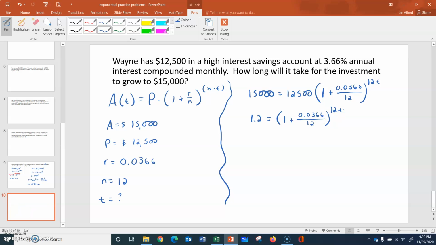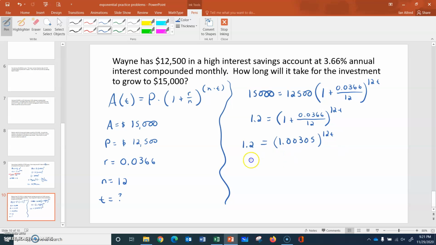So let's figure out what this thing in parentheses is. The thing in parentheses looks to be 1.00305. And since that was very nice, I'm just going to keep it as is. So I'm going to have 1.2 equals 1.00305 raised to the 12t.